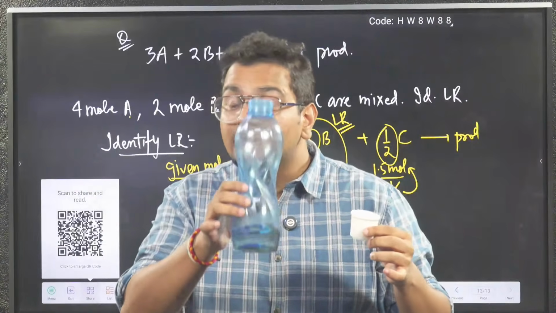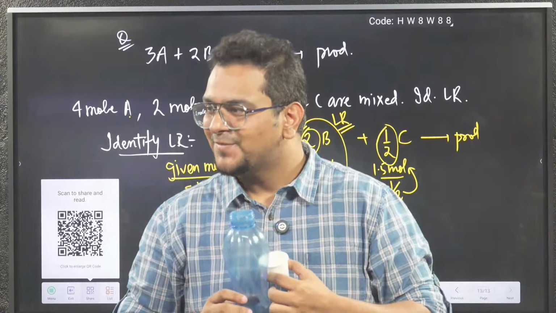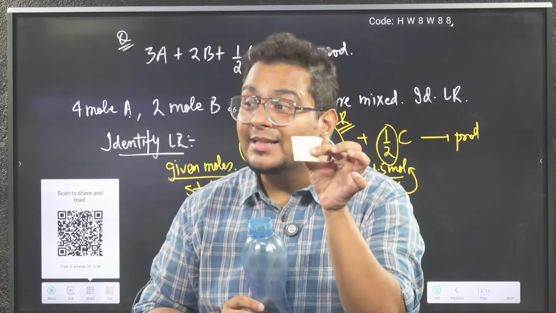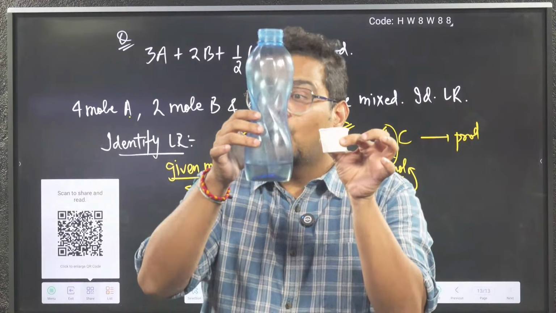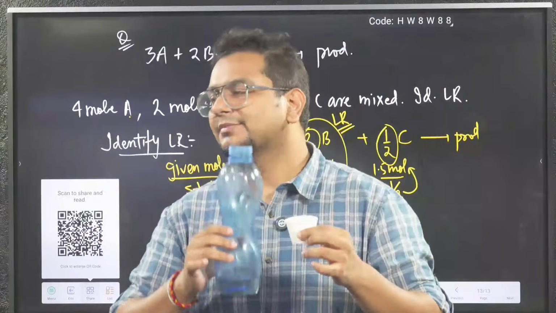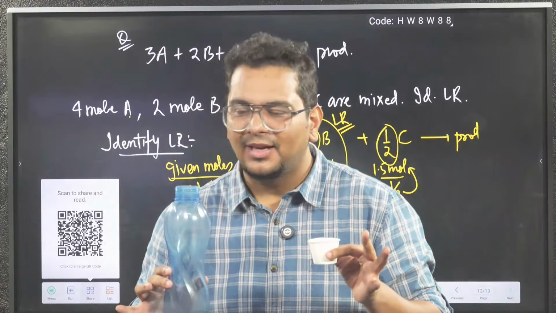Sambar, because sambar is consumed more. Are you getting it? So it doesn't matter what is less in amount. What matters is what is consumed in a given reaction. Are you getting it, bhai?